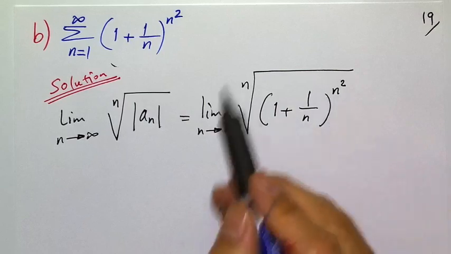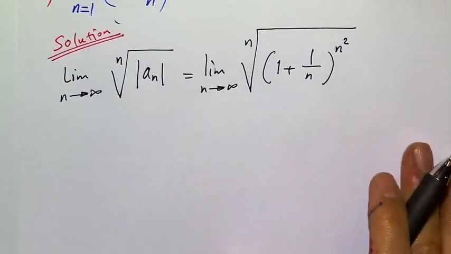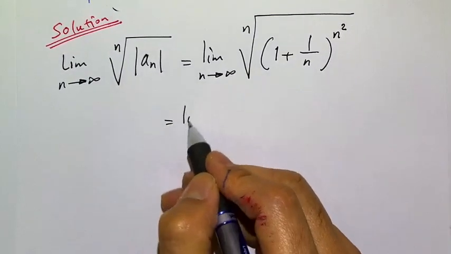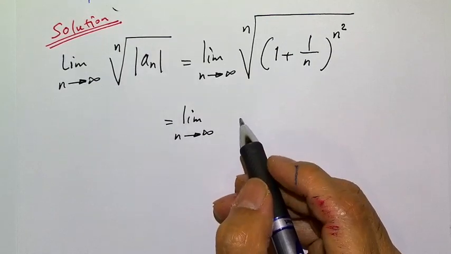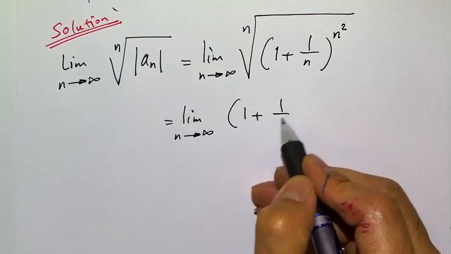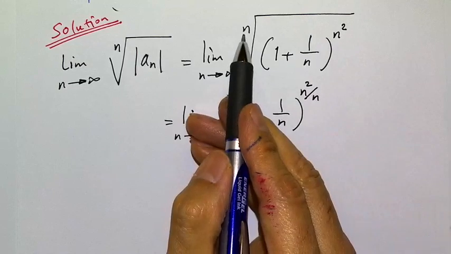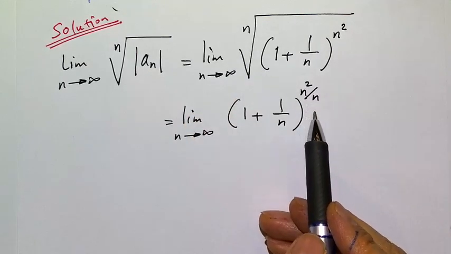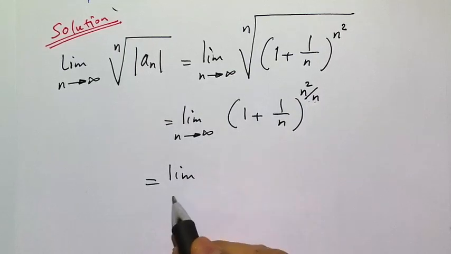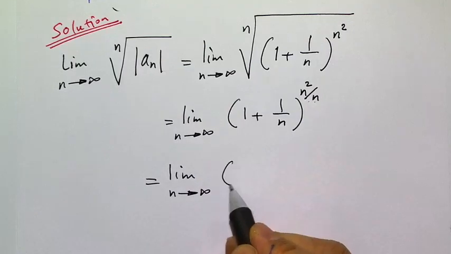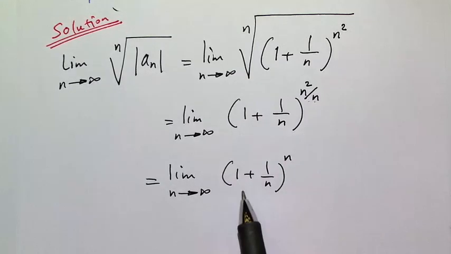Now if we write this expression in terms of a rational exponent, we get the limit as n goes to infinity of (1 plus 1 over n) to the n squared divided by the index, which is n. If we simplify this, we get an interesting and very familiar result: n.